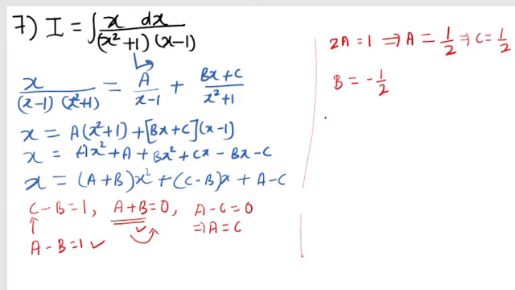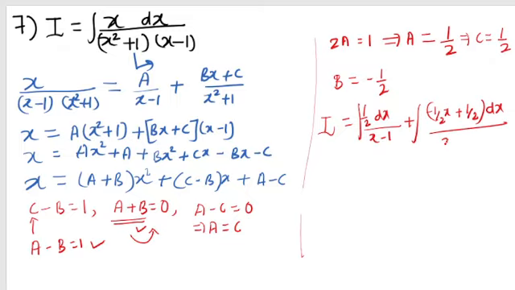So finally we can write I is equal to 1 by 2 into dx divided by x minus 1, plus b x plus c, where b is minus 1 by 2, and c is plus 1 by 2, into dx by x square plus 1.